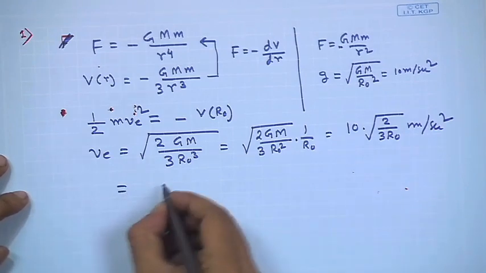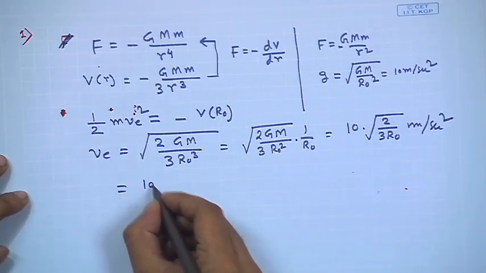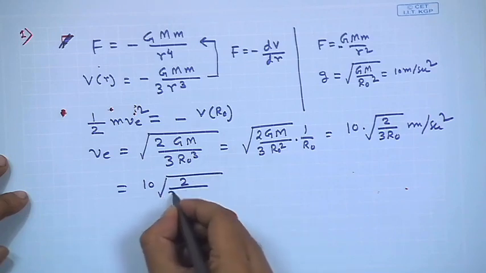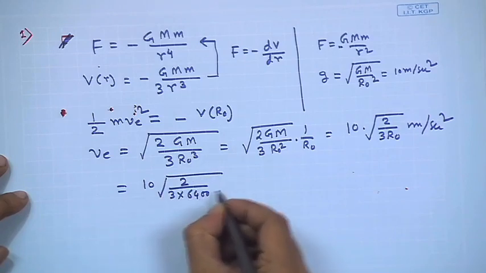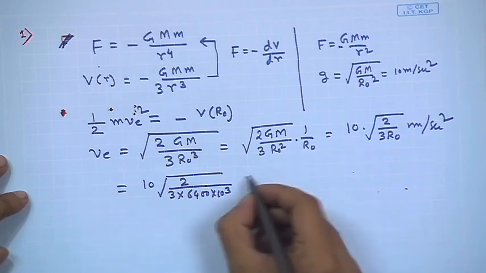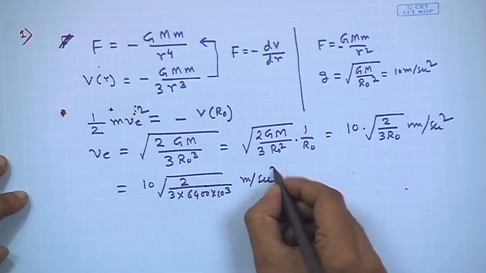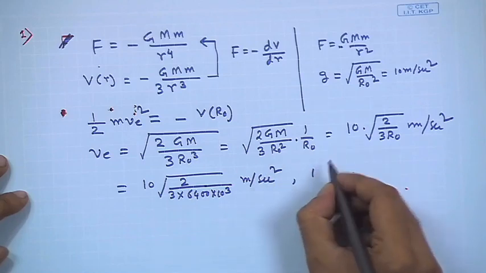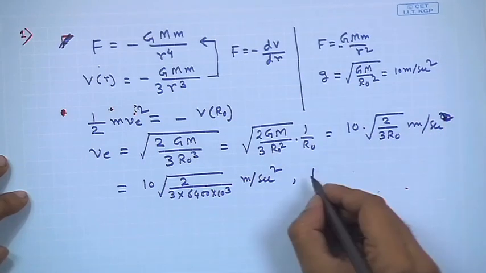Now, if you compute this, we have to put the values. So, it will be 10 divided by 2 into 3 into 6400 kilometers. So, we have 10 to the power 3. This will be in meters per second, sorry, it will be per second because it is escape velocity.